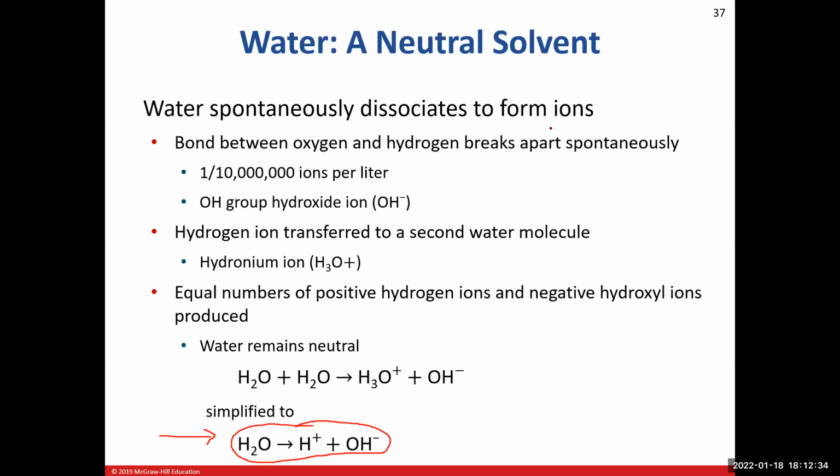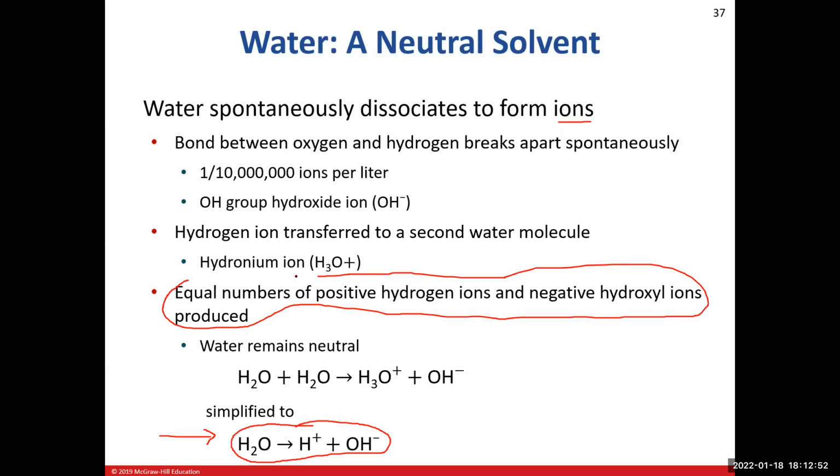It's going to form ions, one positive ion and one negative ion. When it breaks apart, we're going to wind up with equal numbers of positive hydrogen ions and equal numbers of negative hydroxide or hydroxyl ions. And you can see that written down here.